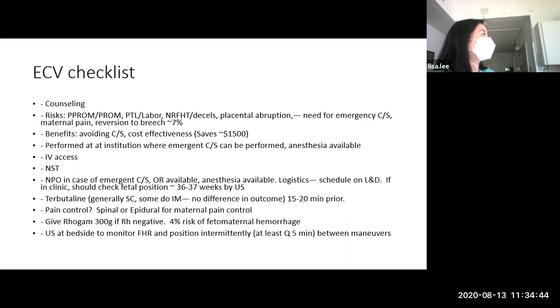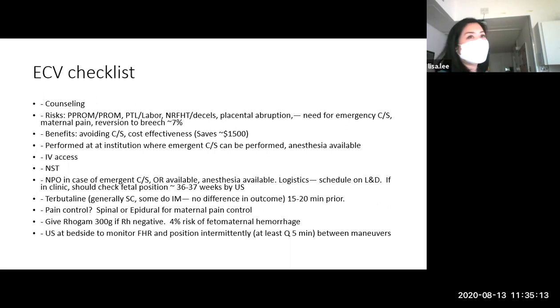All right, continuing. So your ECV checklist. First of all, you need to counsel the patient and get consent. You want to discuss the risks, which you guys have talked about: PPROM, preterm labor, non-reassuring fetal heart tracing or decels, placental abruption, need for emergency C-section, maternal pain, reversion to breech, or it's just not successful.